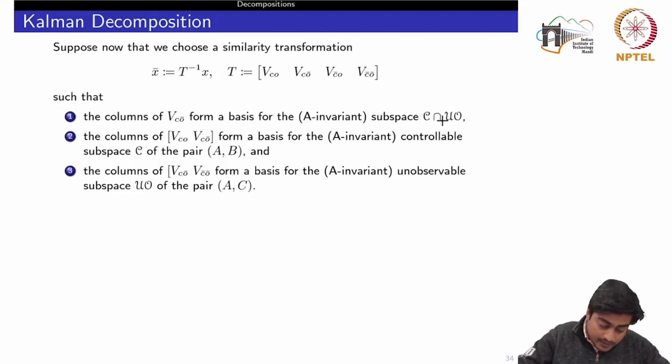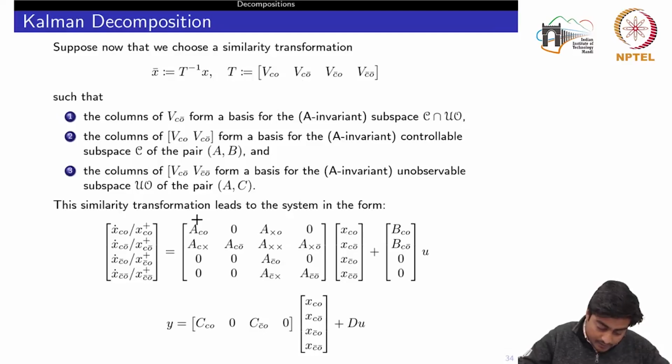Okay, the columns of VCO and VCO bar form a basis for the A invariant controllable subspace of the pair AB, and VCO bar and VC bar O bar form a basis for the unobservable subspace U bar of the pair AC. Now writing it into the combined form, I would get this complete state space representation, where we have this vector XCO.